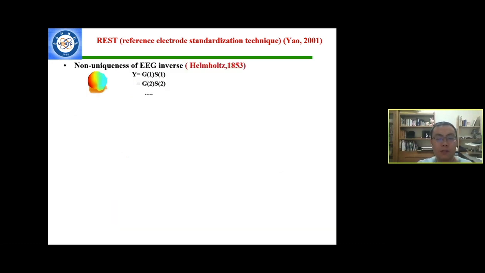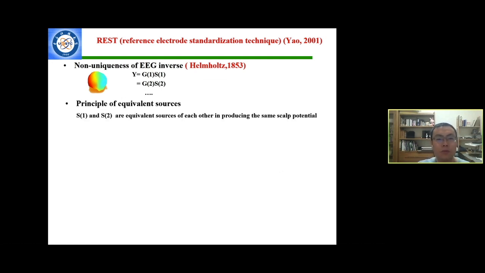Next, we know about the non-uniqueness of the EEG inverse problem. That means for EEG potentials or recordings, we can get y equals G1 S1, where G is the lead field and S is the source, and G1 S1 also equals G2 multiplied by S2.